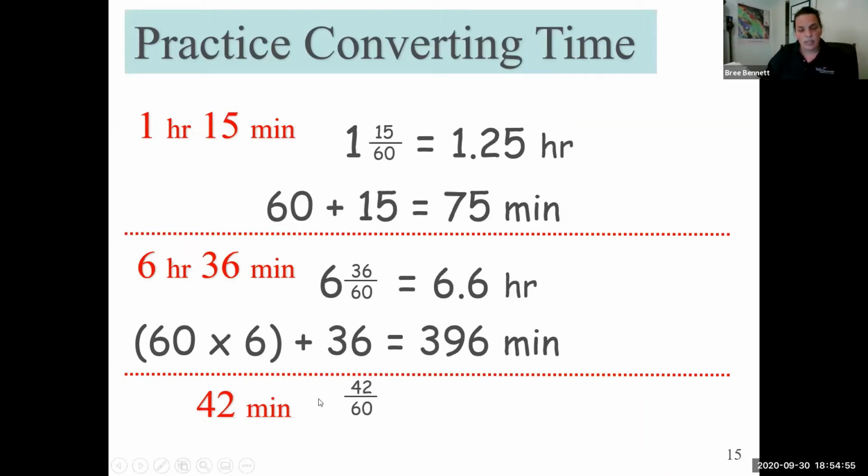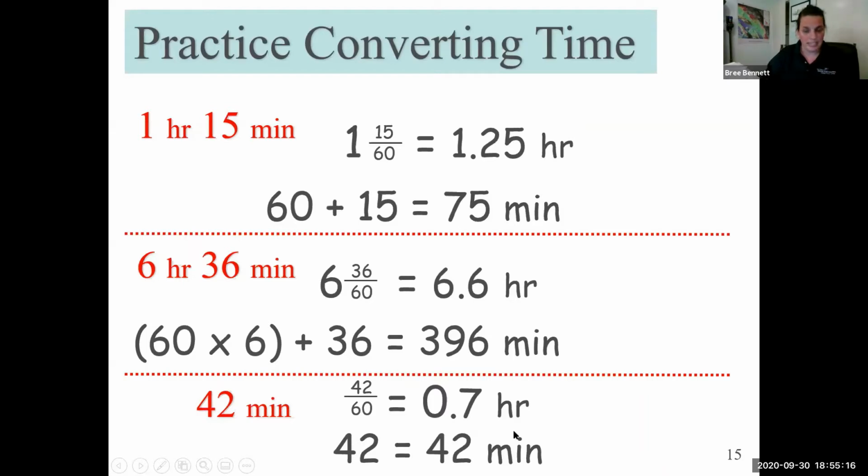Okay, so last one is our 42 minutes. It is 0 on the hour section. So we're just 42 60ths of an hour, which is our 0.7 hours. Or super easy, we're just going from minutes, 42 minutes is equal to 42 minutes.